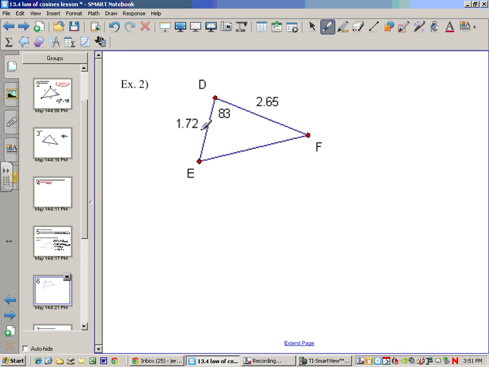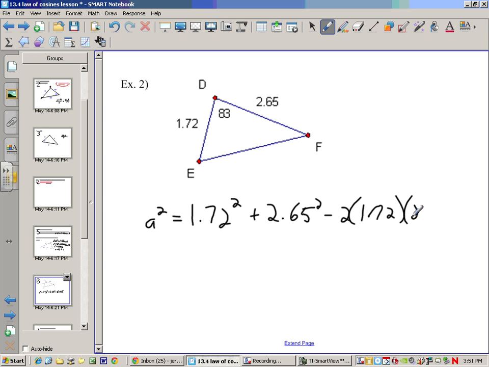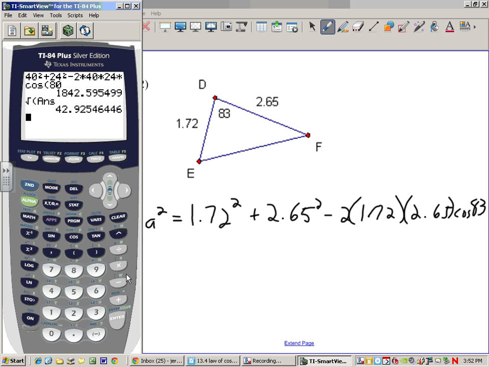All right, hopefully you're done with this one. a squared is going to equal 1.72 squared plus 2.65 squared minus 2 times 1.72 times 2.65 times the cosine of the angle in between, which is 83. So now I type all of this in my calculator at once.